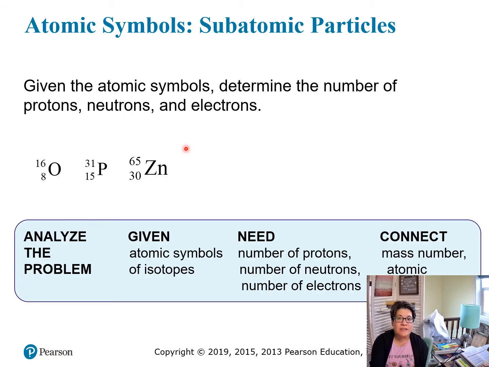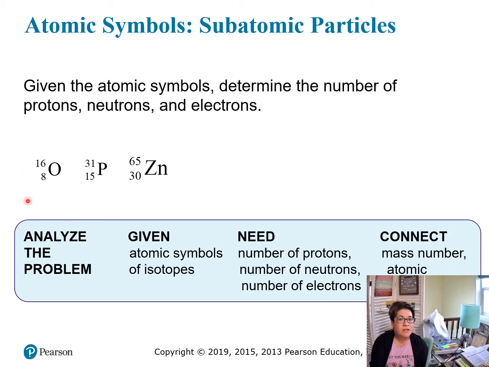So here's a couple examples that we can try to solve. This is oxygen. This is how we write these. Another way that we abbreviate them is to show the atomic number and the mass number. So the bigger number always goes on top. That's the mass number. So this oxygen has 8 protons, 8 electrons, and 16 minus 8 neutrons.